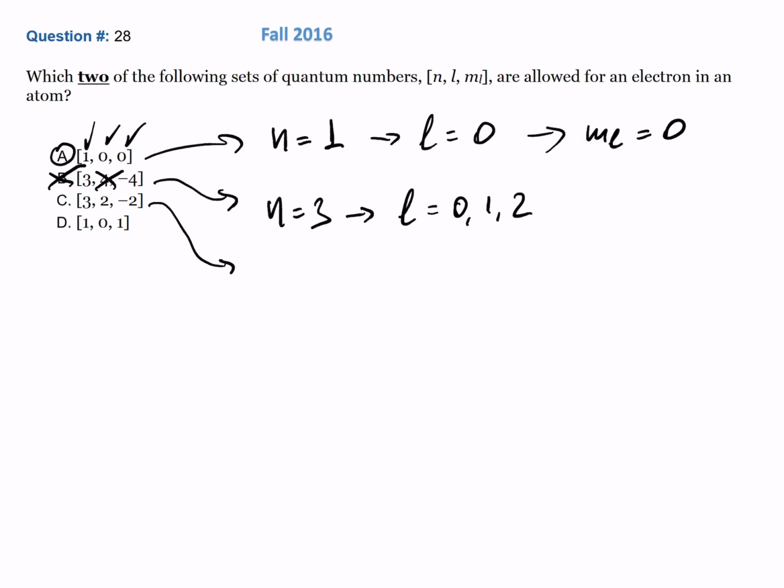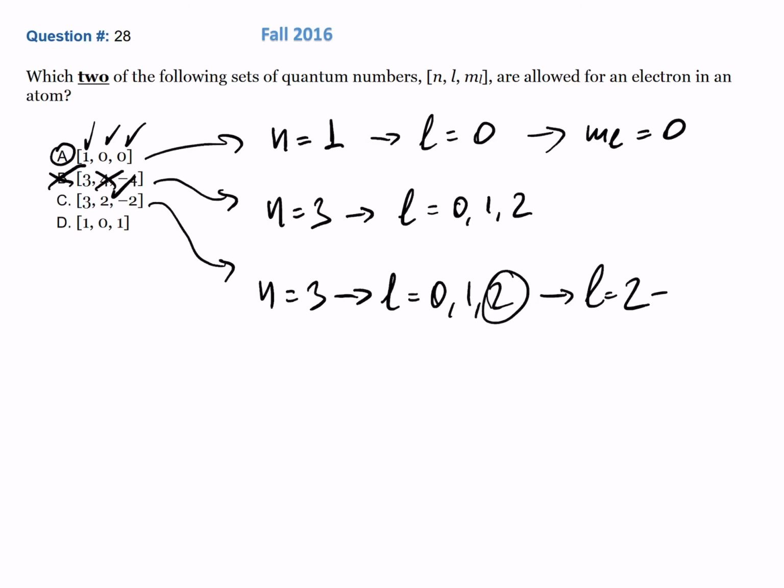On the third one, we have n equals 3, which means L equals 0, 1, and 2. For L equal 2, which checks here, ML can be -2, -1, 0, +1, and +2. And this is a -2, so this one checks.